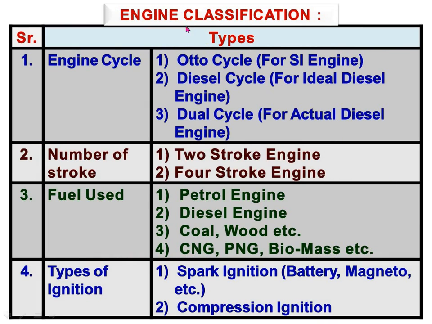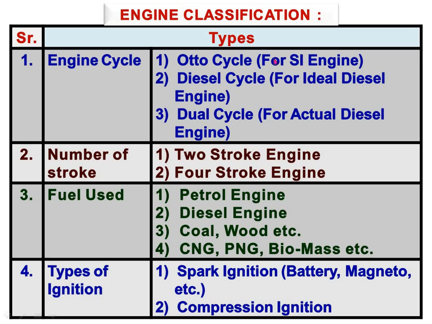Now we will see the engine classification, means different types of engine. The classification depends upon different parameters or criteria. First we see the cycle which has been used in the engine, so first, engine cycle.